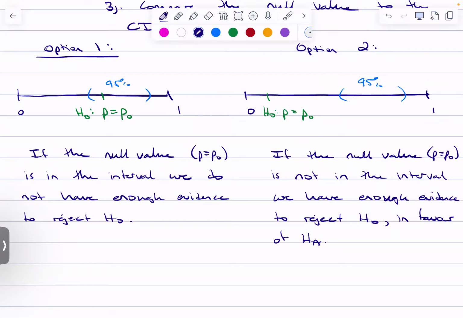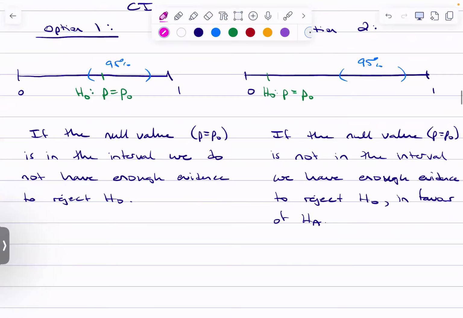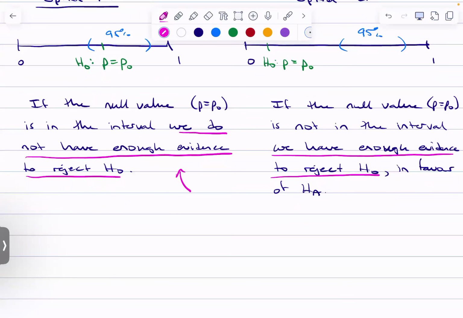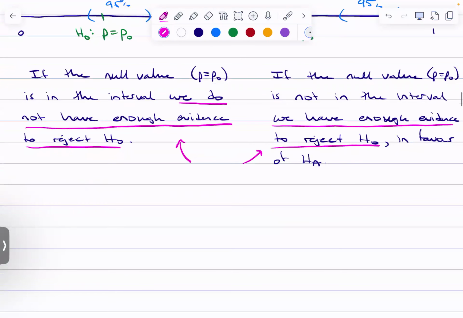So notice we only have two options, right? We do not have enough evidence to reject H naught, or we have enough evidence to reject H naught. Those are your only two conclusions. These are the only two possible conclusions.